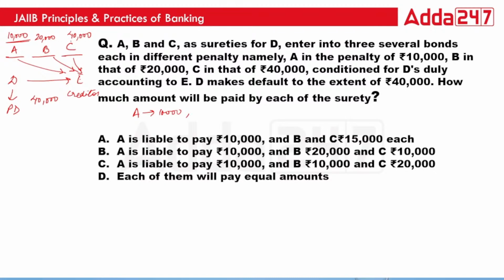If B pays all the 20,000, default is of 40,000. A has already made a payment of 10,000. Then the rest amount will be distributed equally between both of them. So in this case, B will pay 15,000 and C will also pay 15,000. So right answer is A.